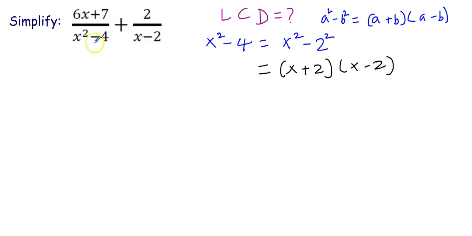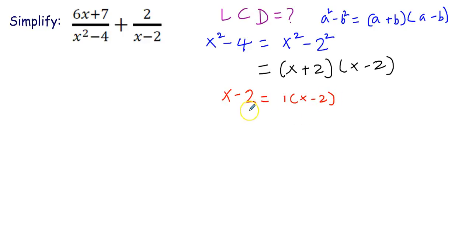So the first denominator is factorized in this form. Now the second denominator is x minus 2, and there are no common factors between x and 2. So if at all we want, you can just write 1 times x minus 2.